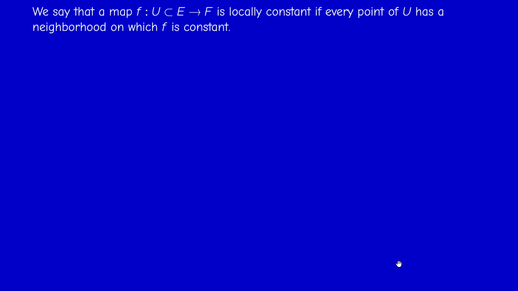Now, what is the relation between connectedness and locally constant maps and zero derivatives? So this is what we are trying to clarify now. A locally constant map is defined on a subset U of a normed space and takes values in another normed space. We say that it's locally constant if every point of U has a neighborhood on which f is constant.